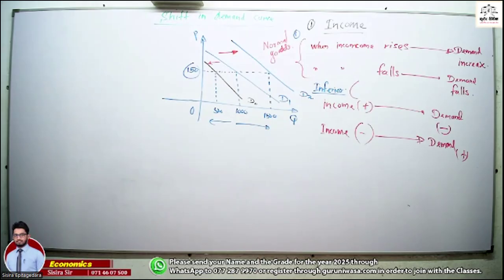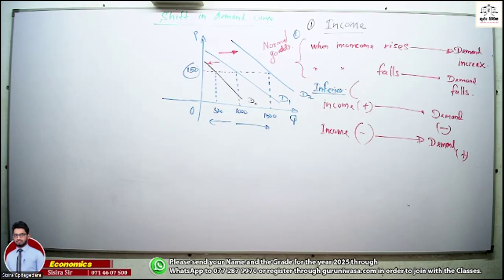Yes. There are two products. What is the first one? Normal products. Second one, inferior goods. For normal products, when income increases, what happens to demand? Demand increases. When income falls, demand also falls.